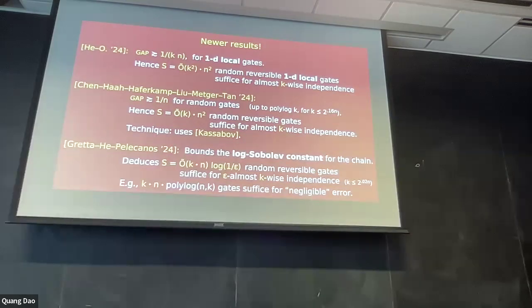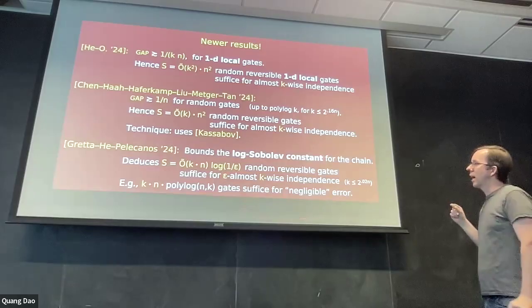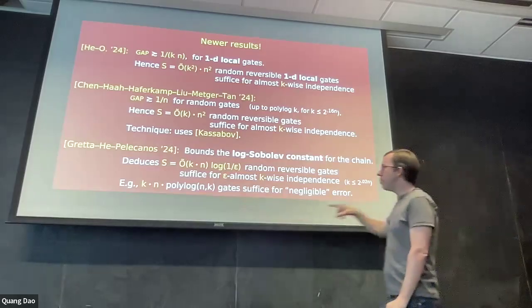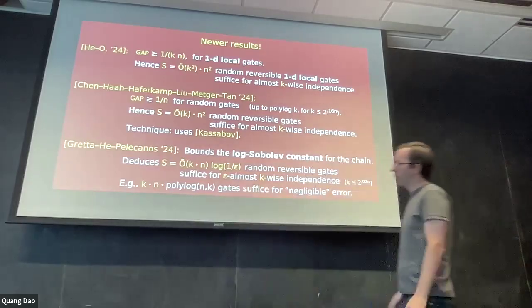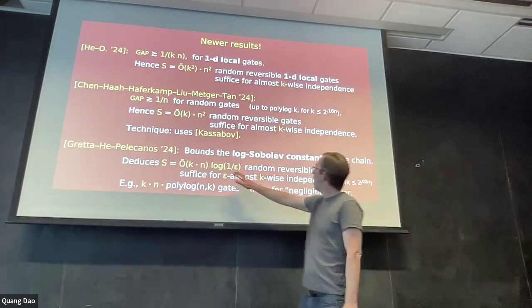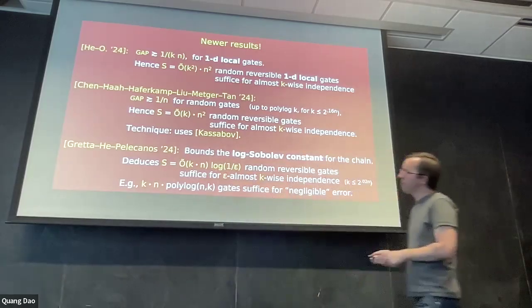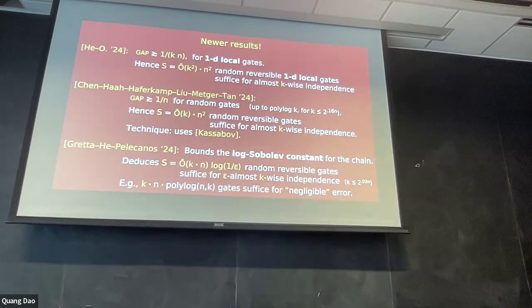For example, they can deduce this result, which is much better if you're not trying to get an amazing epsilon, which for cryptography purposes you don't have to, the default value being 2 to the minus kn. So they actually showed that k times n random reversible gates suffice if you want to get epsilon almost k-wise independence, with a logarithmic dependence on 1/epsilon.